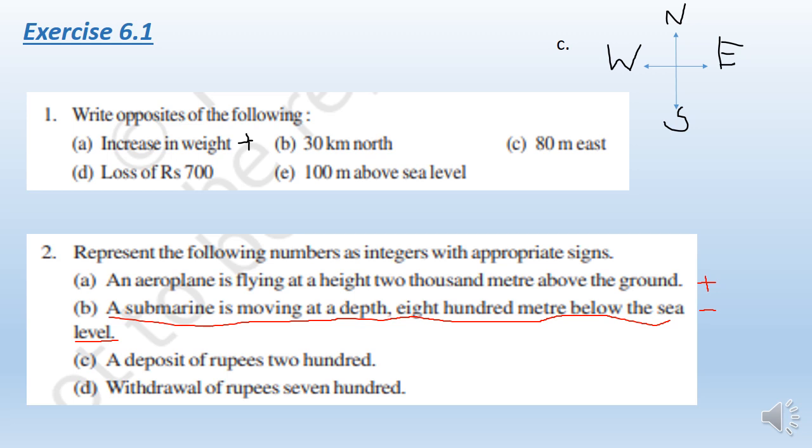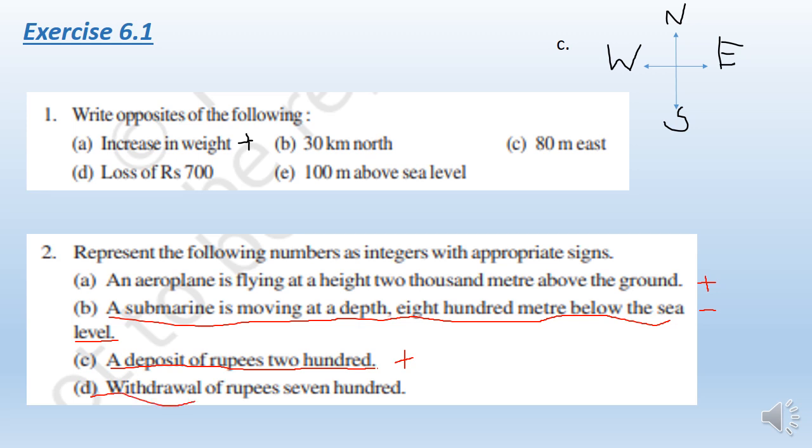Next, a deposit of rupees 200. As we are depositing, it means credit. Okay, so whenever there is a deposit, at that time there is a plus sign, and whenever there is withdrawal, at that time a negative sign. So D is on withdrawal only.